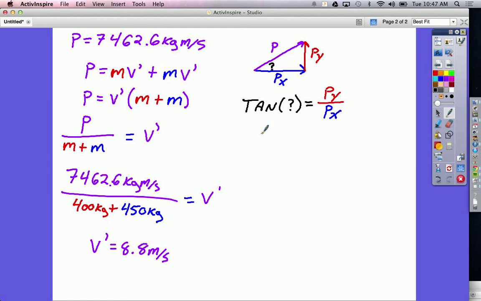To solve for my angle, I just have to do the inverse tangent of my y momentum, which is 4,000 kilogram meters per second, over my x momentum, which was 6,300 kilogram meters per second.